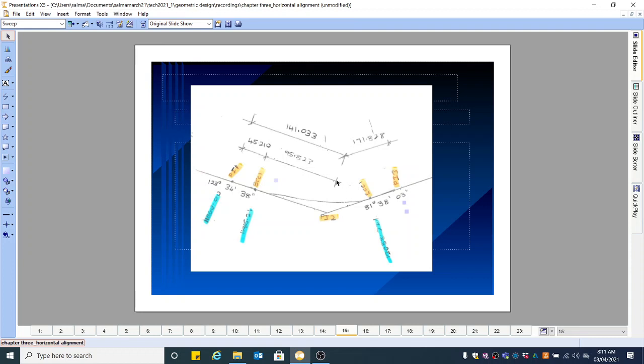So if we calculated that to be 95, remember the 141, it's simply that minus that, which will give you your 45.210. So if you've got that SKD of the PI, you can now work out the SKD of the BCC1.